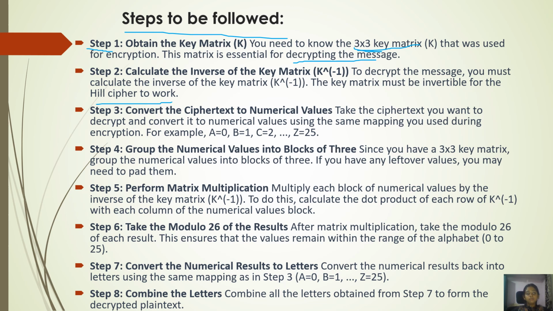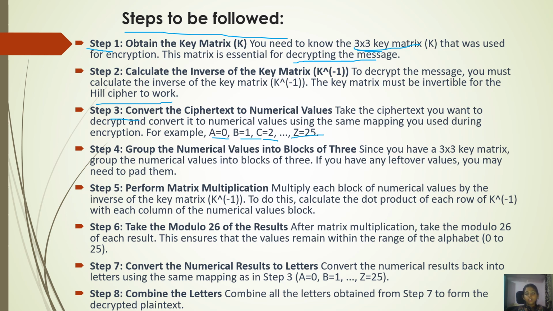Step 3: convert the ciphertext to numerical values. Take the ciphertext you want to decrypt and convert it to numerical values using the same mapping you used during encryption. For example, A equals 0, B equals 1, C equals 2, Z equals 25.